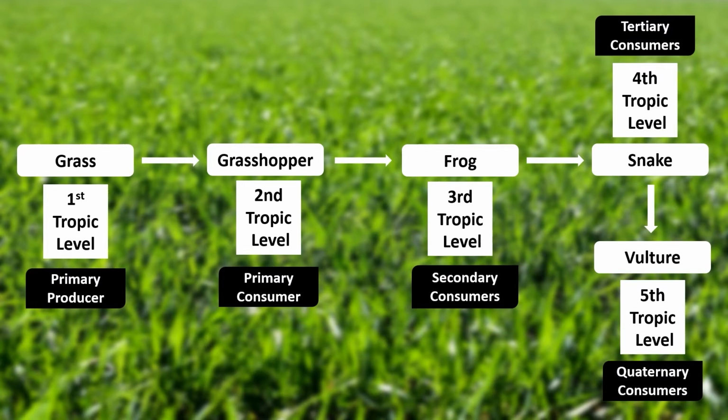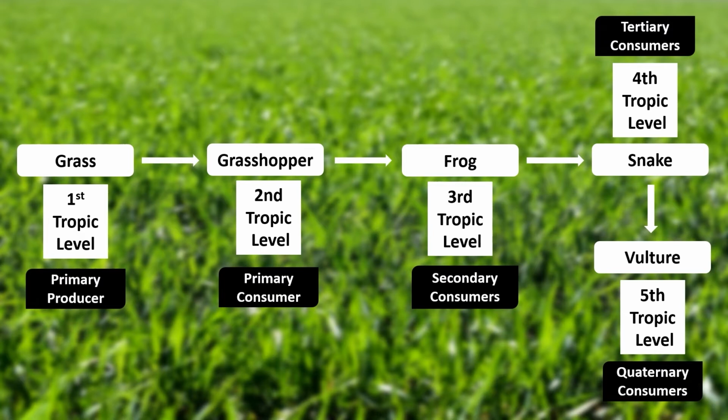The frog is considered a secondary consumer because it is eating the grasshopper, and the grasshopper in turn is eating the grasses. So the frog becomes the secondary consumer, and it is at the third trophic level. The trophic level is the sequence or the link in the food chain, as already discussed.